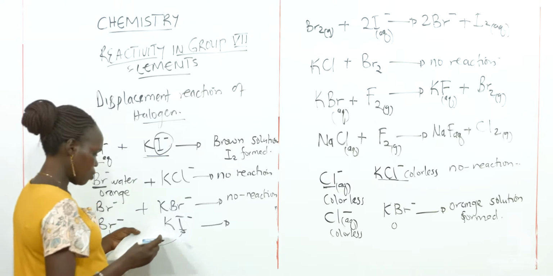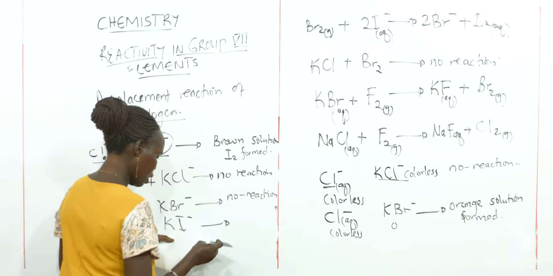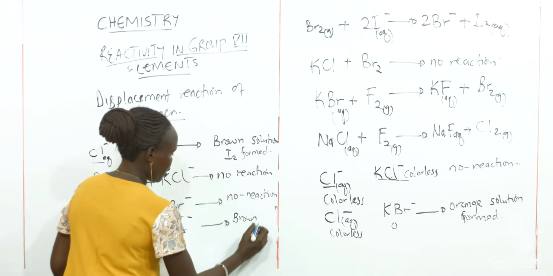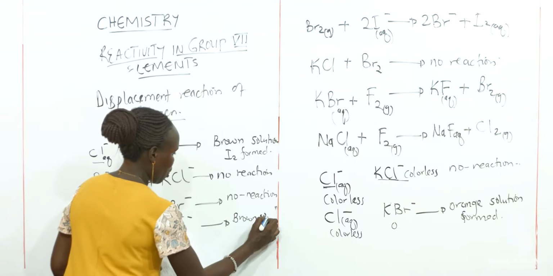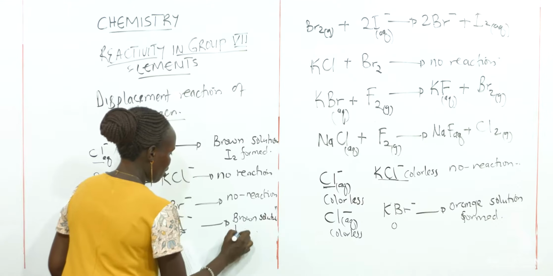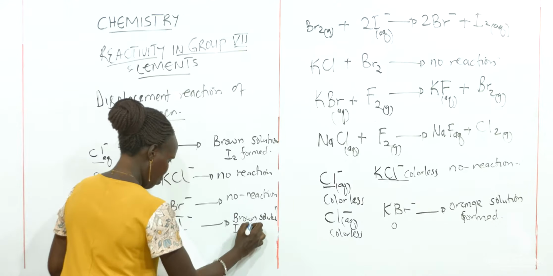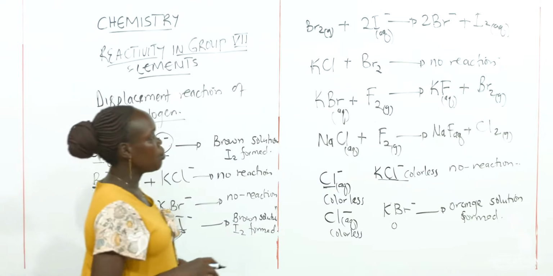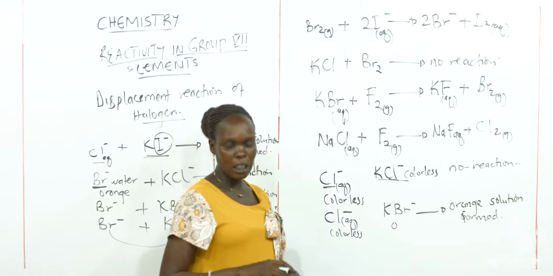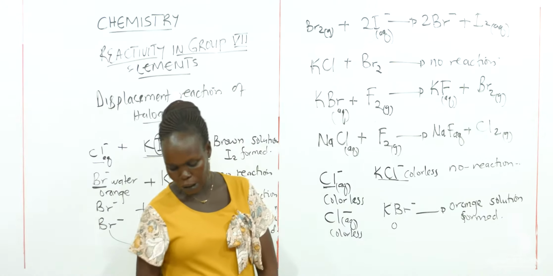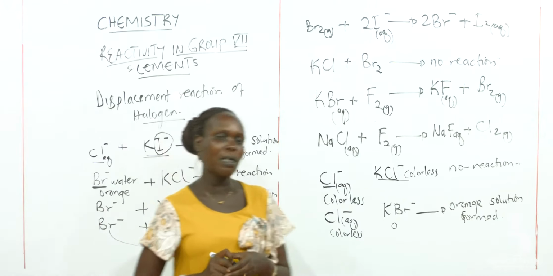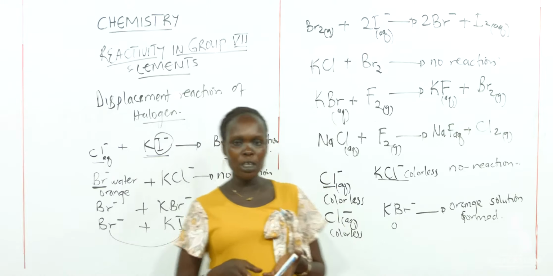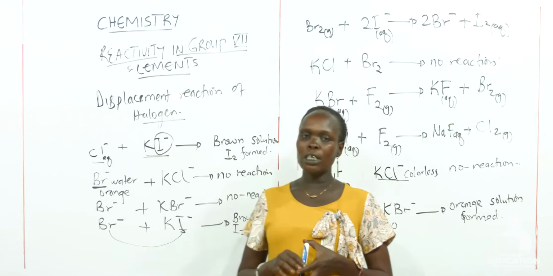So in this case, we shall have a brown solution of iodine formed. So learners, this is all showing how the displacement reaction takes place. So whenever we deal with the halogens, we need to remember the displacement reaction. We need to remember the reaction with the metals, or the metal wool, or the iron wool.